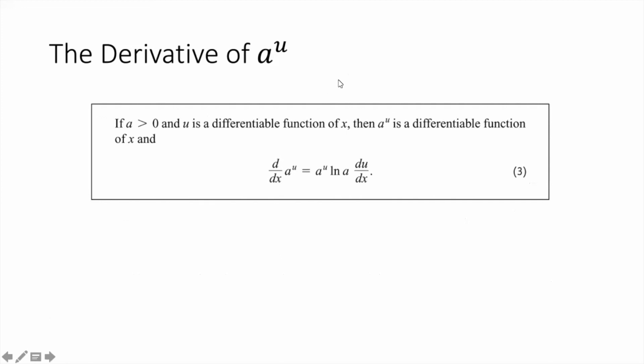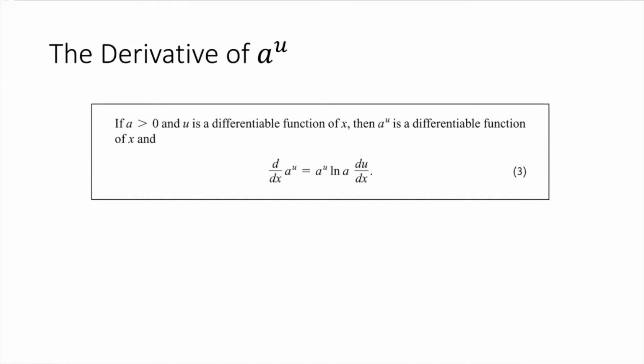Using that definition, it's very easy to see that this derivative formula is correct. The derivative with respect to x of a to the u would be a to the u times natural log a times du dx.